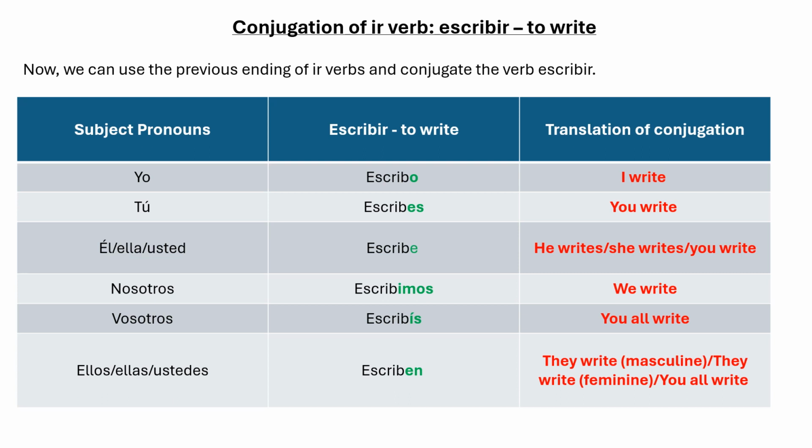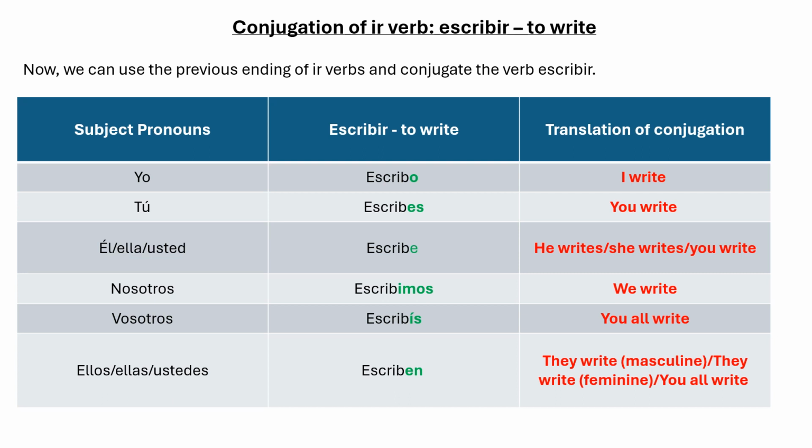Tú escribes, you write. Él, ella, usted escribe, he writes, she writes, you write, formal. Nosotros escribimos, we write. Vosotros escribís, you all write. Ellos, ellas, ustedes escriben. They write masculine, they write feminine, and you all write formal.